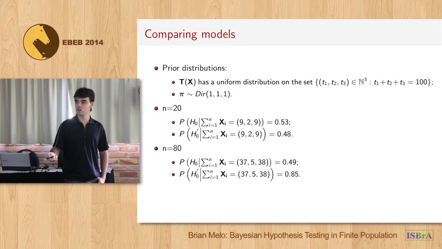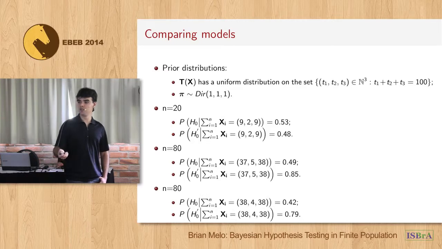And again, when we increase the sample size, we have big differences, bigger than in the first model. Here we have, for example, for this 37, 53, 8 outcome, if the sampling total is this, a difference of 36% and here a 37% difference between the probabilities, just by changing the model.